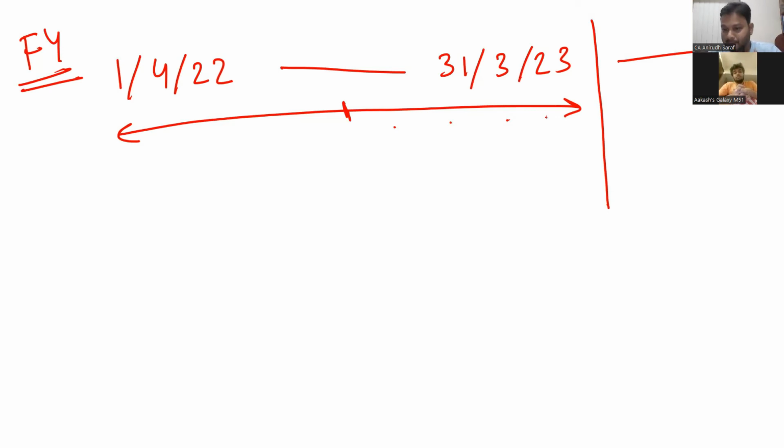How easy or difficult will it be for me to pay tax when I don't even have the income in hand? So you can pay tax after the financial year ends. Yes, I will pay after the year end. But I am telling you what the problems are in paying during the year. So basically, you're saying that if you pay tax within the year, you will never know your income that you have earned.